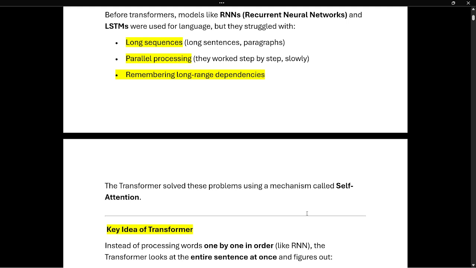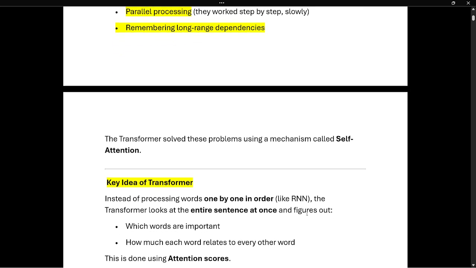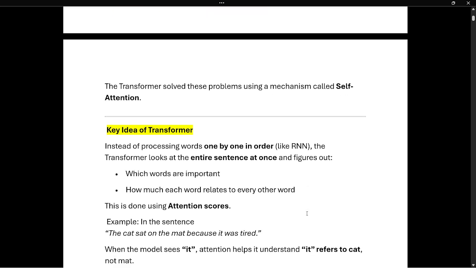The transformer solves this problem using a mechanism called self attention. Self attention is the core of the transformer. Now we will see the key idea of the transformer, and how it basically works. Instead of processing words one by one in order, like how RNN used to do, the transformer looks at the entire sentence at once.